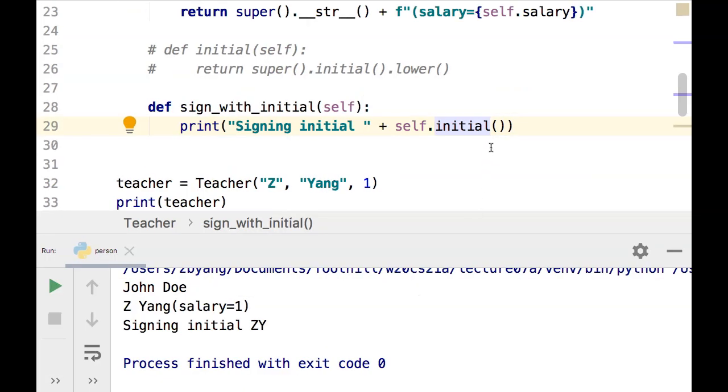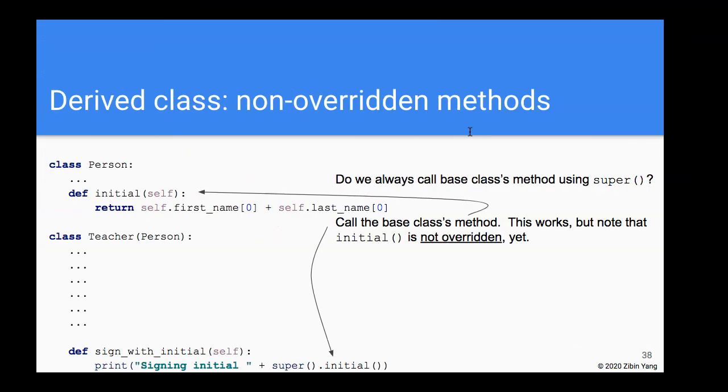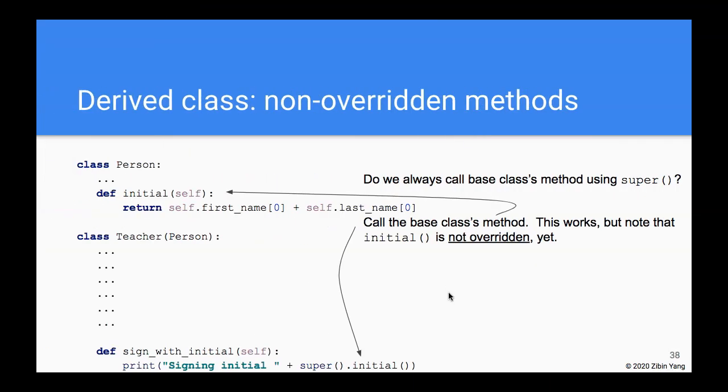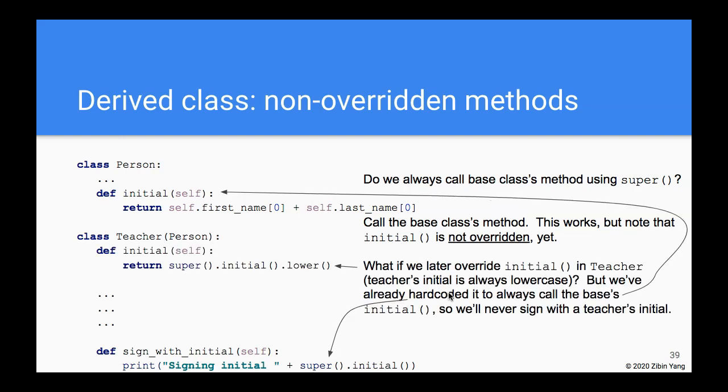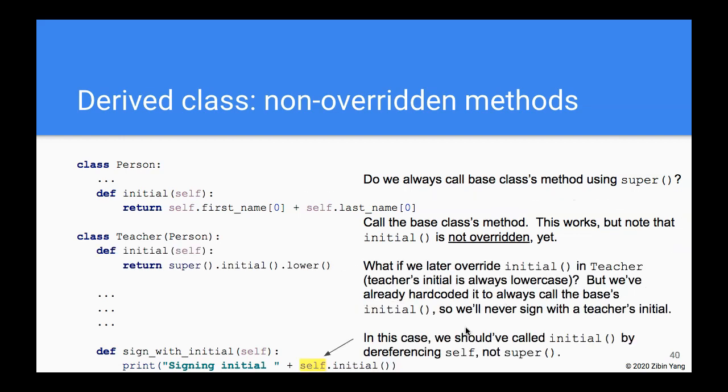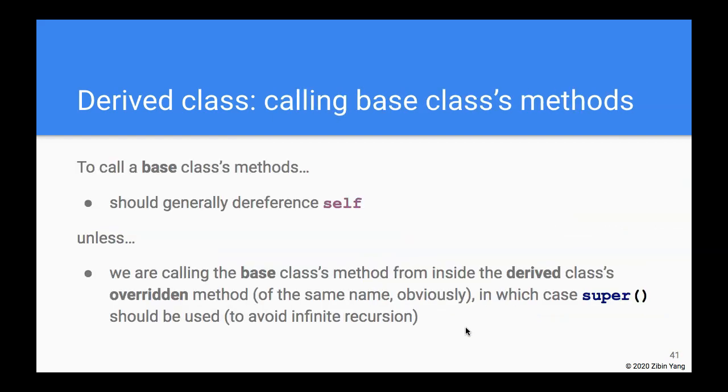Okay, hopefully that makes sense. And that's what this slide is trying to say, and also this one. So, another summary is that to call a base class's methods, you should generally use self dot and then that method's name, unless, of course, as we saw earlier, we're calling the base class's method from inside the derived class's overridden method of the same name, right?